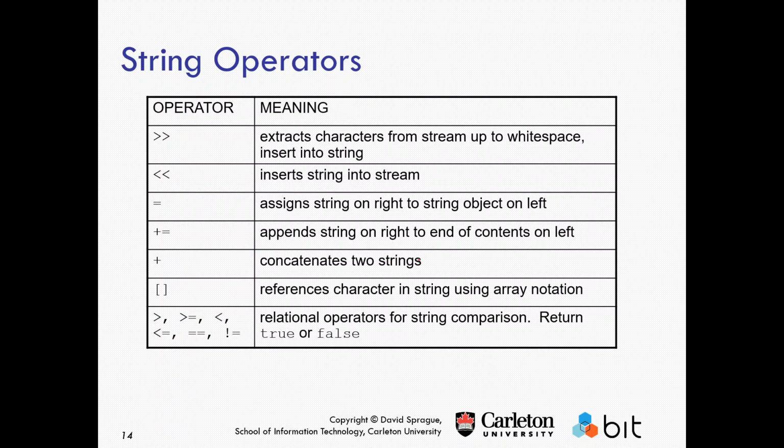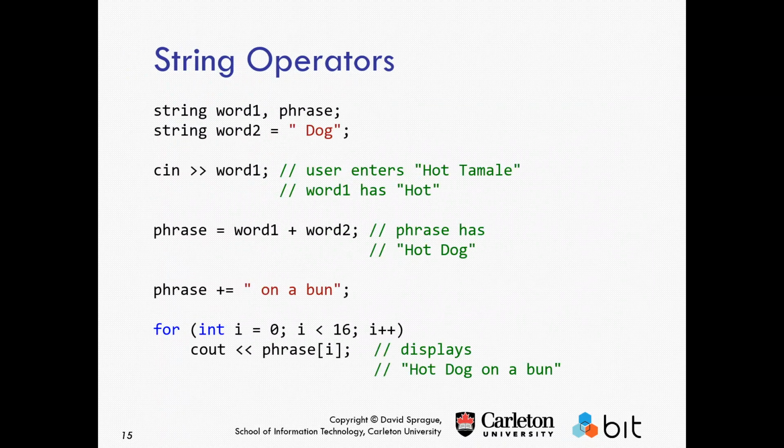We can concatenate two strings. So I have string 1 plus string 2. That'll give me a brand new string with string 1 and string 2 attached together. We can get the individual characters of the string, the same way we do elements in an array, using the square brackets. And we can use the greater than, equal to signs, these normal mathematical signs.